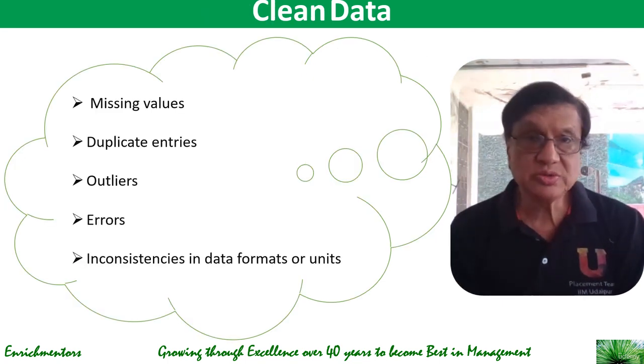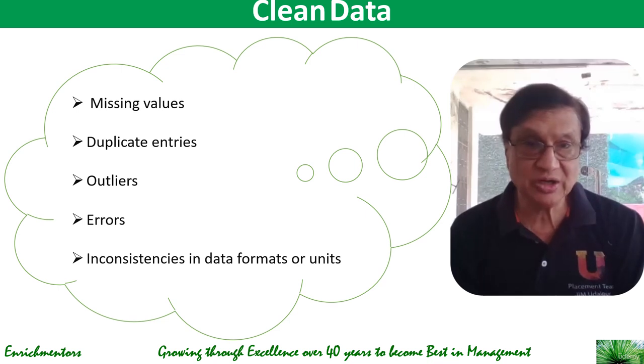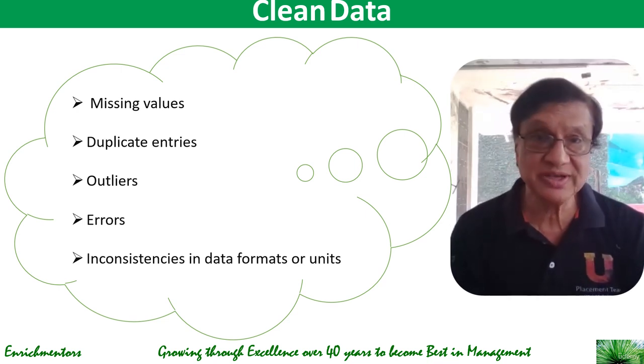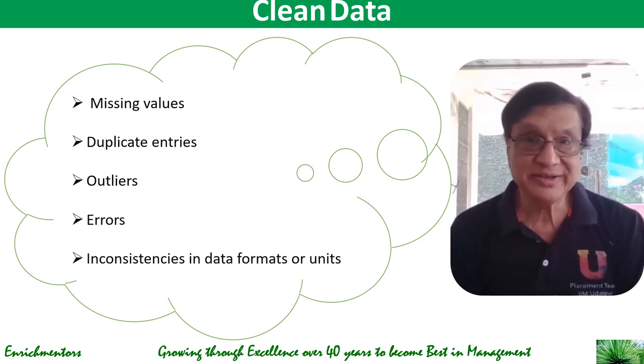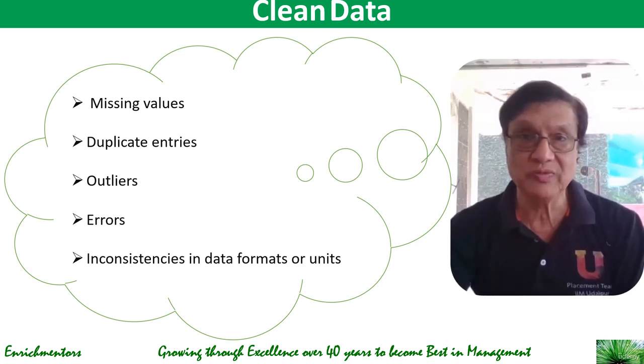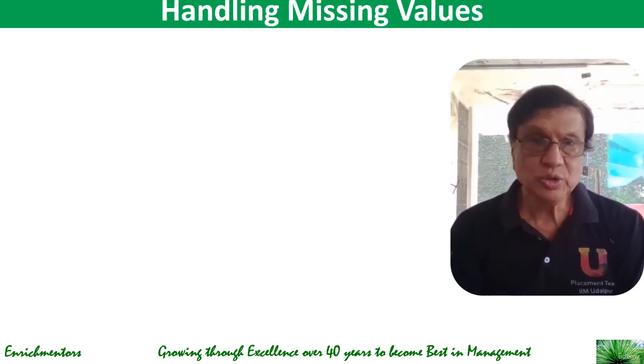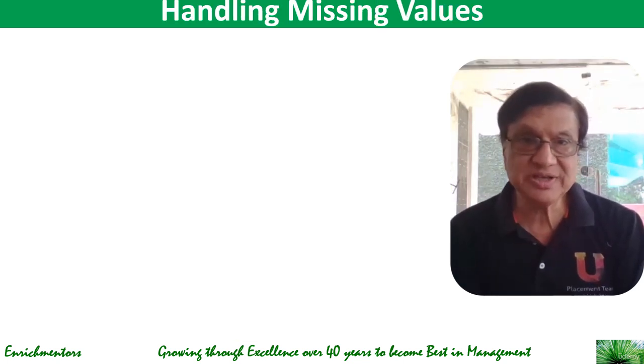So then you need to clean the data by addressing these quality issues that we talked about in the last slide and reproducing here. And that happens during the assessment phase. And this may involve using many techniques that we will talk to you as we go forward. So common thing is handling missing values.